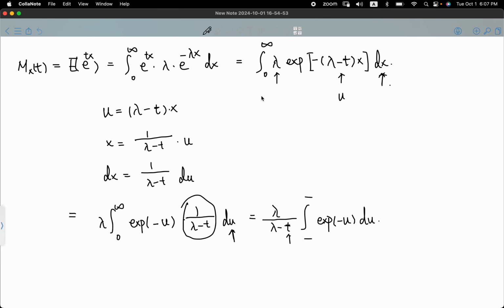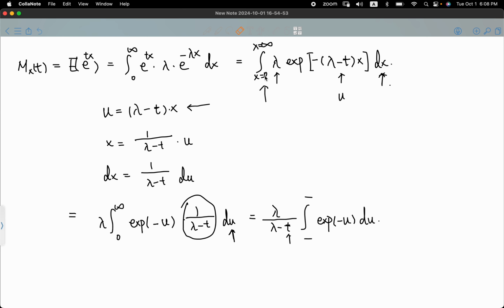One way we can think about this, or identify what the bounds are, is to revisit our original function. This is for x equal to 0 and x equal to infinity. So we still want to evaluate this integral for x between this upper bound and lower bound. But what we did is make this change to write it as u. So one way you can do it is to plug in the lower bound, set x equal to 0 into here, and see what you get for u.